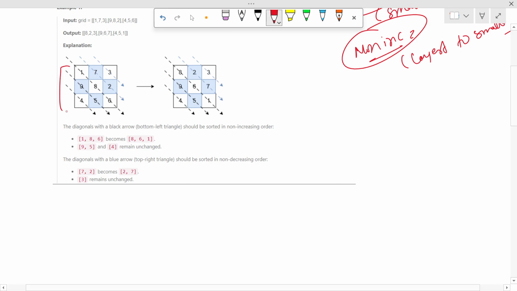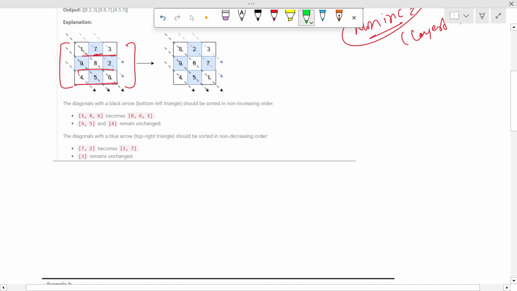In the first example we have 1 7 3 as a row, and these are our diagonals. Now we need to sort them for the bottom left triangle and the top right triangle. Our first diagonal has 1, 8 and 6.